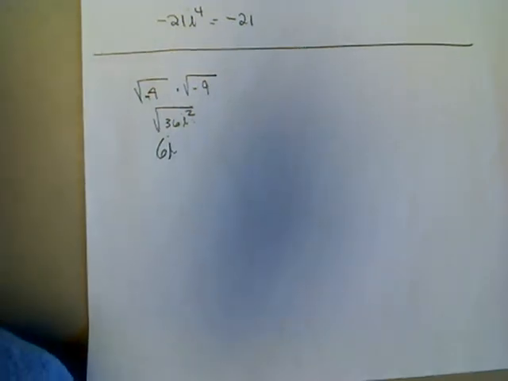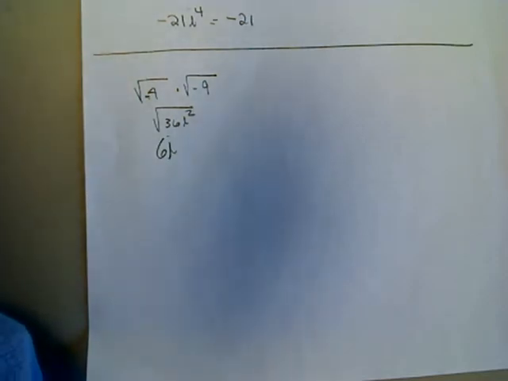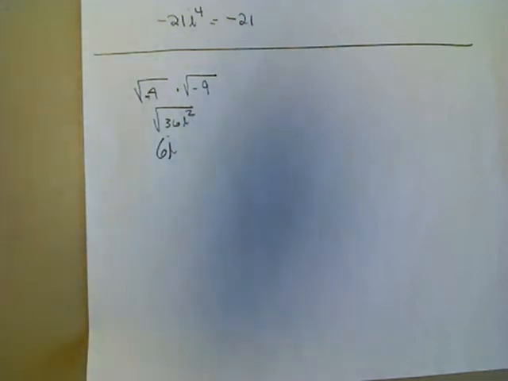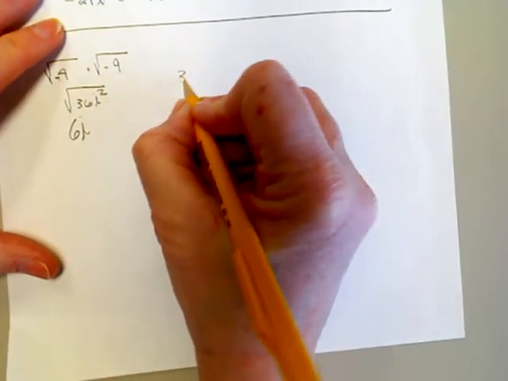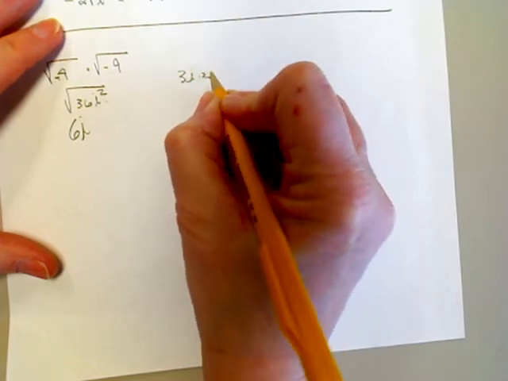Okay, there's another way to do this that is equally as sucky if you'd like to see it. Couldn't you just take the square root of negative 1 times the positive square root, turn it into 3i times 2i? Because I got negative 6. So you did 3i times 2i.